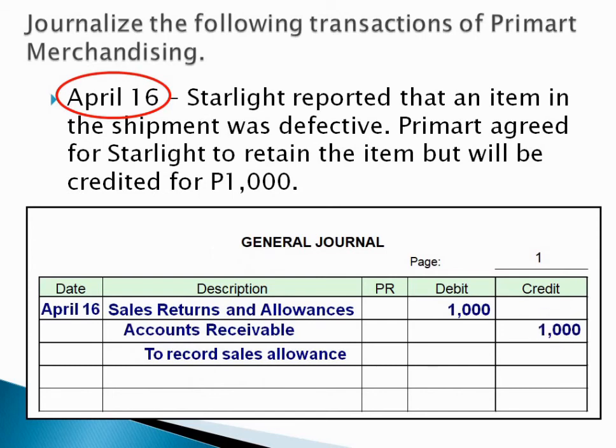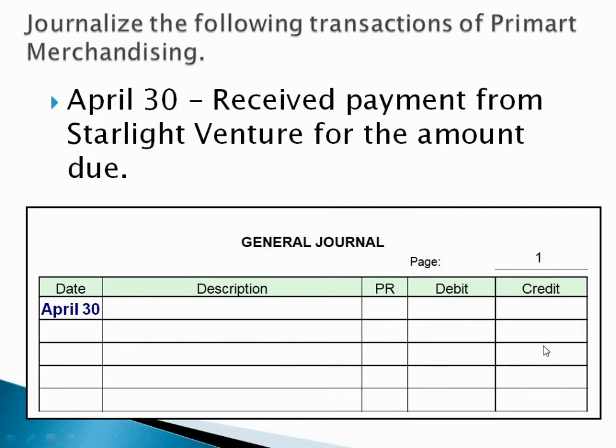Hence, the 24,000 debit minus this 1,000 credit equals 23,000. Balance of the accounts receivable collected by Primart, which was also the amount of cash paid by Starlight because there was no discount. Next is explanation for the entry.